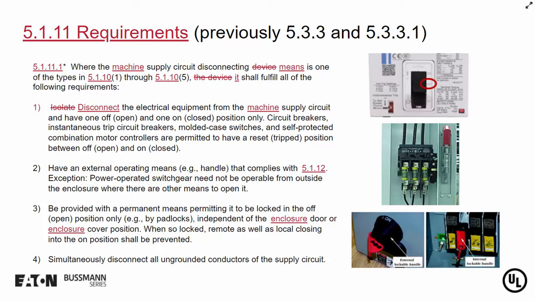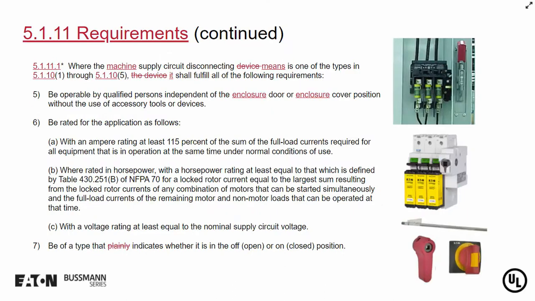And we're going to have to address that, as John will cover in section 5.1.2, to allow me to operate that disconnect while the enclosure is in the open position. And of course, the disconnect is required to simultaneously disconnect all ungrounded conductors of a supply circuit.